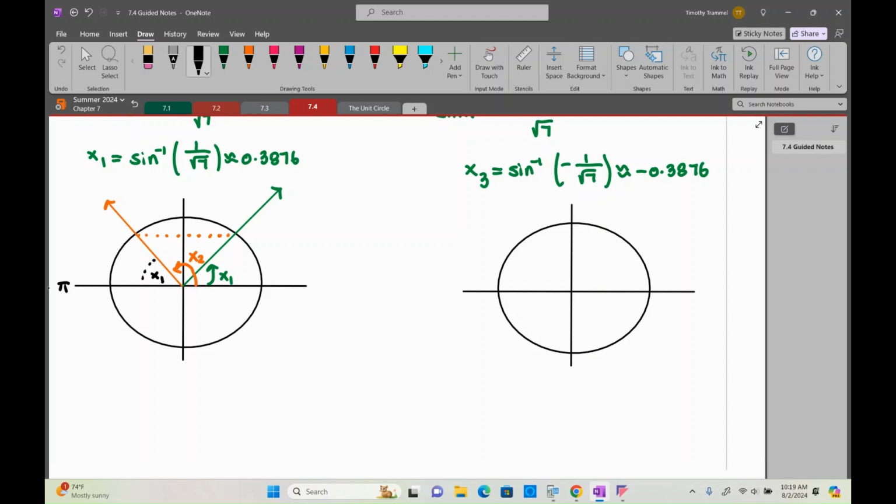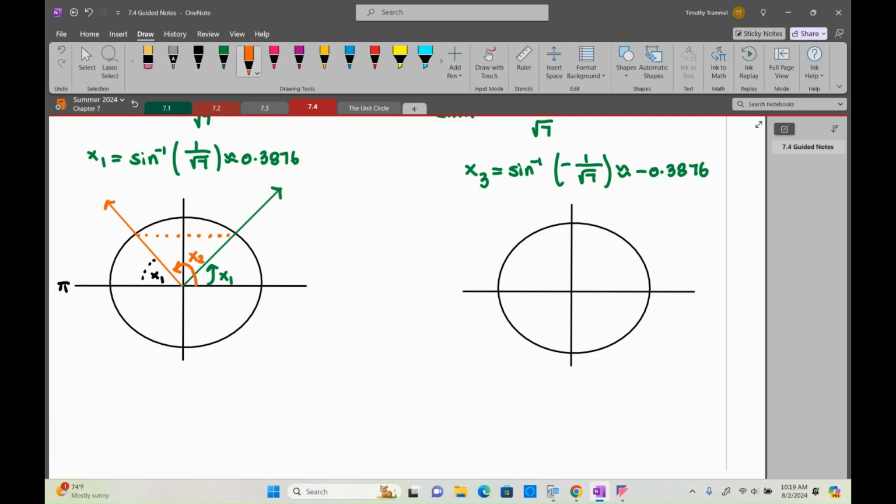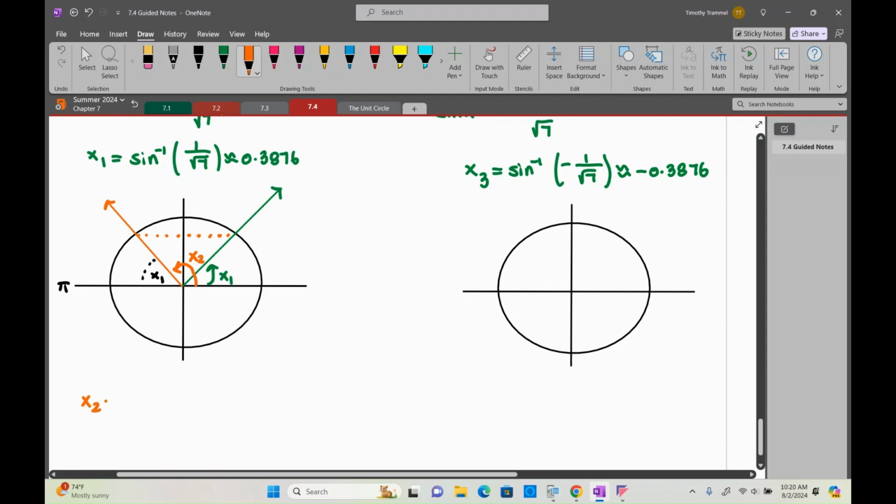Okay. So if I want to find x2, I most certainly can. x2 should just be equal to pi minus x1. Let's go figure out what that would be.